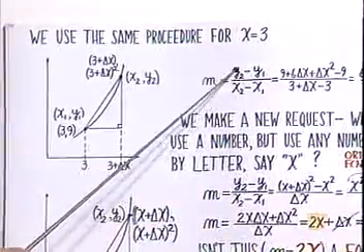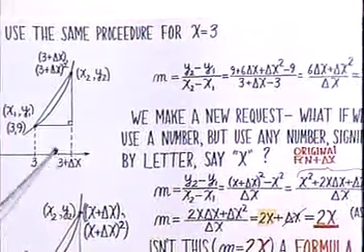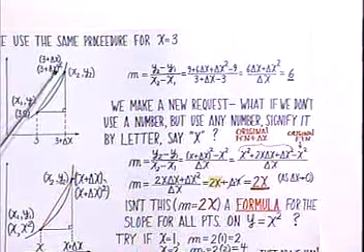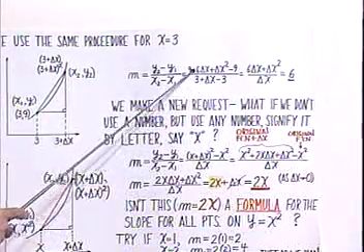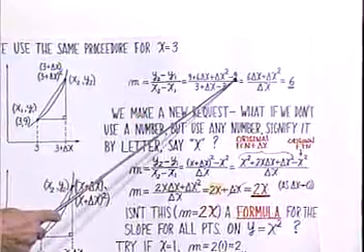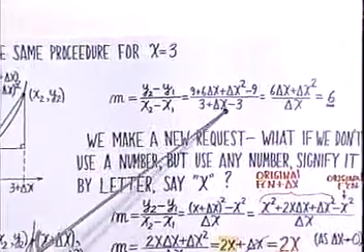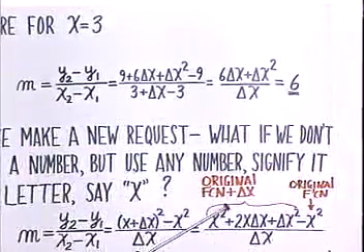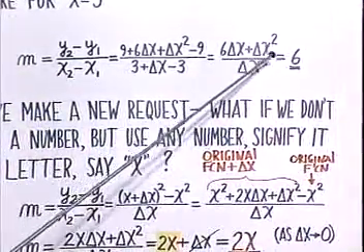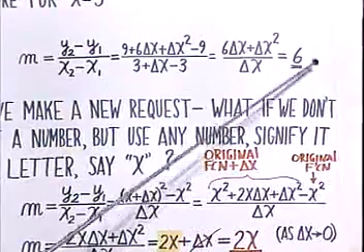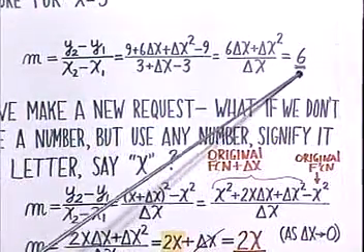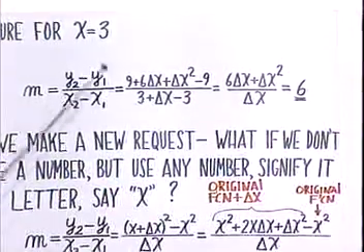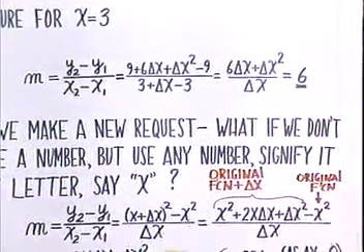And we fill in the numbers here. y2, of course, is 3 plus delta x squared, which is this. y1 is 9, and so forth here. We notice we have delta x alone again in the denominator, and we drop off the delta x here. We have a slope of 6 at the point x equals 3. Okay?